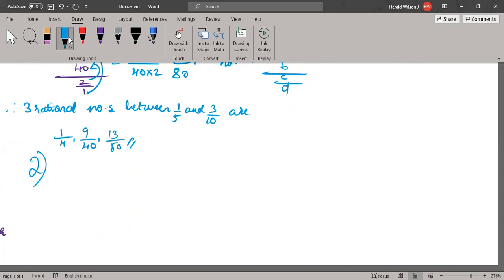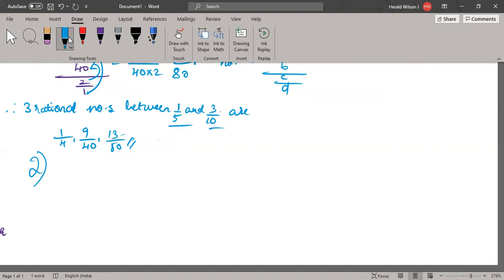And by the way, if suppose you say find 5 rational numbers between these two numbers, which is 1 by 5 and 3 by 10, using mean method, how do you further solve it? Now here 3 by 10 already, for 3 rational numbers, you found out up to 13 by 80. Next, you will take 1 by 5 and this newly found rational number by 2.